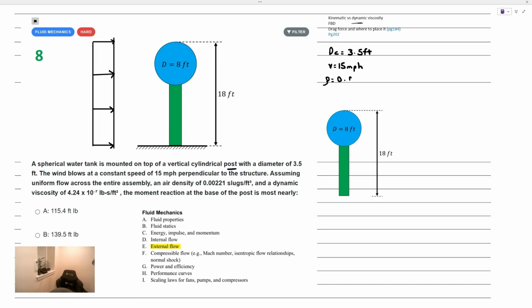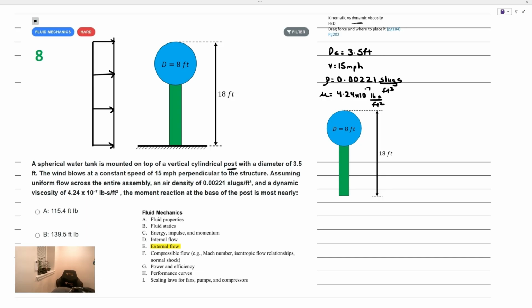The density is 0.0022 slugs per cubic foot, and a dynamic viscosity, that is variable mu here, is equal to 4.24 times 10 to the minus 7 pound second per foot squared.